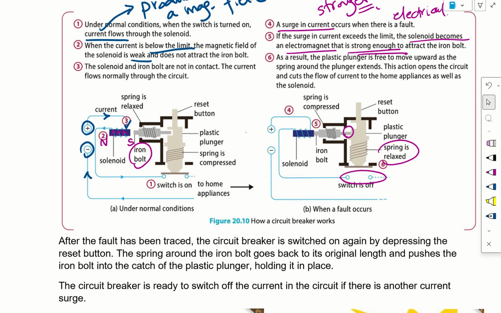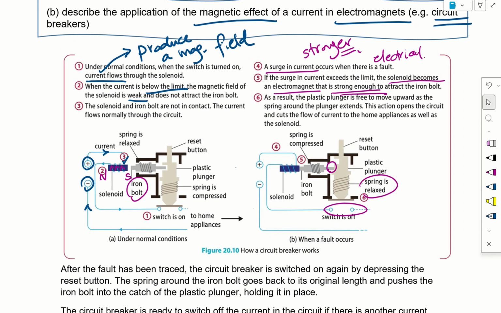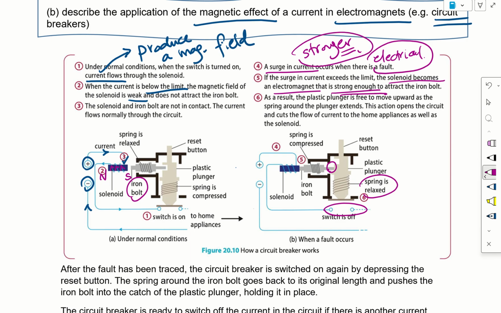Now, the concepts are all the same for this circuit breaker, just that sometimes the designs will be different. So what are the important things that you need to say? It's only when there's an electrical fault that the magnetic field produced by the solenoid is stronger.